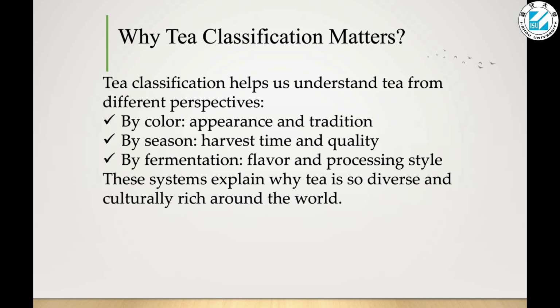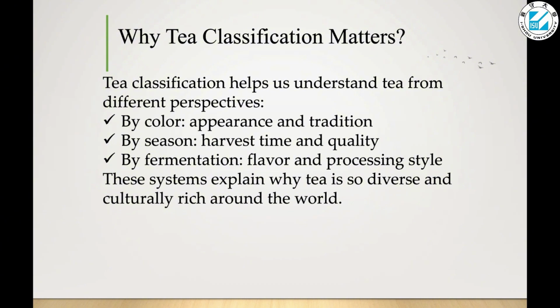By season, we know harvest time and quality. Do you know what is the best season for tea? Of course, spring. Spring offers the best quality, and harvest season is important. A lot of tea is produced in springtime. The next one is fermentation.